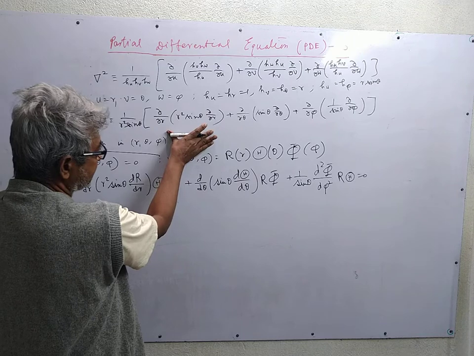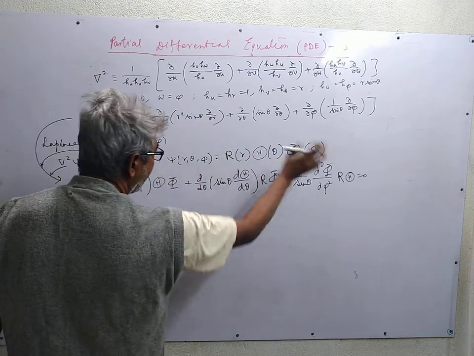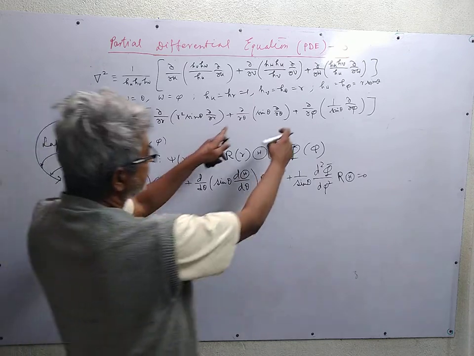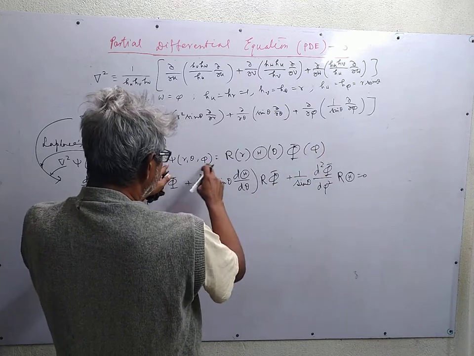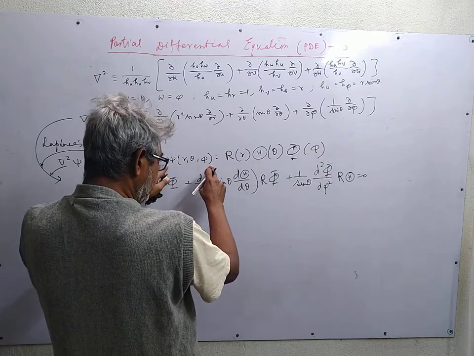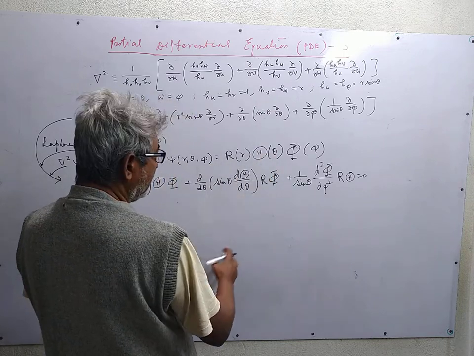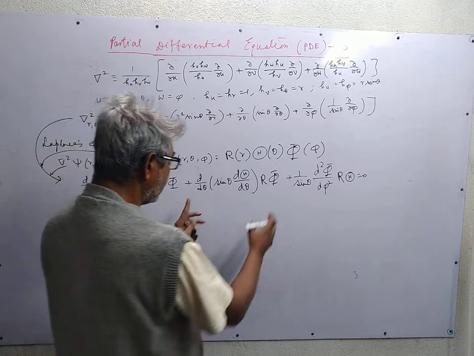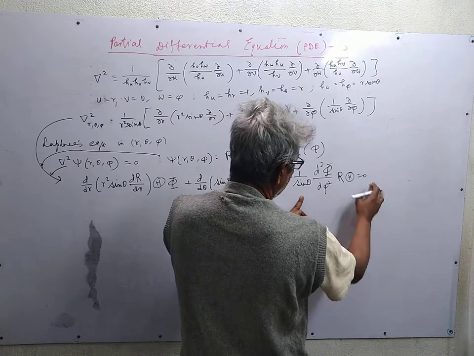When we come to this, del r operates on capital R, while Theta and Phi are to be treated as constant. So this is this term. When del theta operates on this function, it operates only on capital Theta. Capital R and capital Phi are to be treated as constant. This is this term. And finally, this term is this.